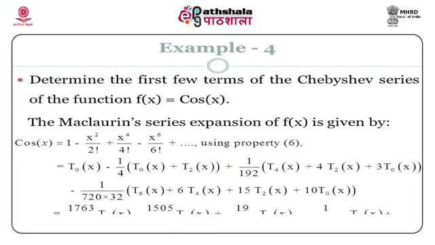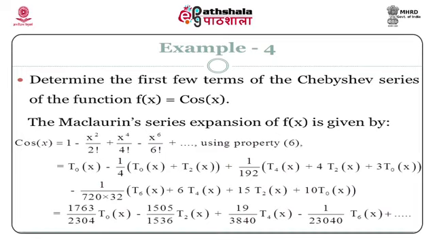Now, using property 6, we will express x square, x raised to 4, x raised to 6 in terms of Chebyshev polynomials, and therefore we get cos x equal to T0(x) minus 1 by 4 into bracket T0(x) plus T2(x) plus 1 upon 192 into T4(x) plus 4T2(x) plus 3 T0(x), minus 1 upon 720 into 32 into T6(x) plus 6T4(x) plus 15T2(x) plus 10 T0(x), and then on simplification we will get the first 4 terms of the Chebyshev series for this function.